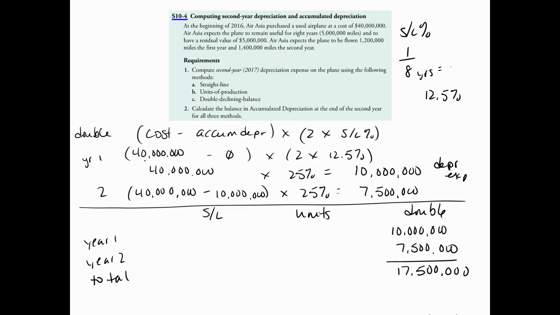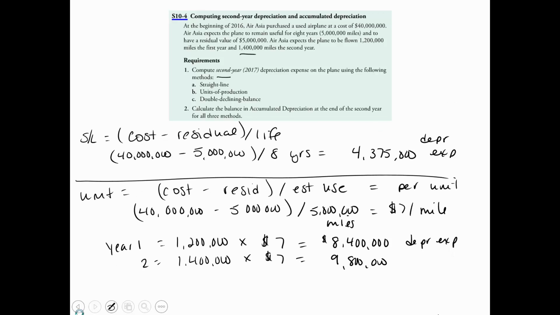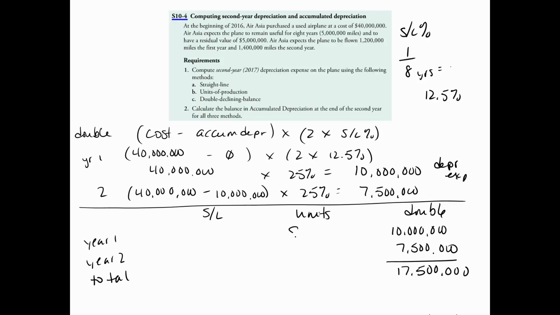which means in the third year I would take the cost of 40 minus accumulated depreciation of 17.5 to get the new book value and take that times 25%. In units, we had 8.4 and 9.8 here, which gives me total accumulated depreciation of 18.2.